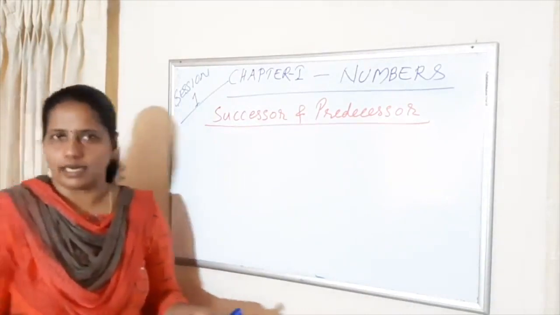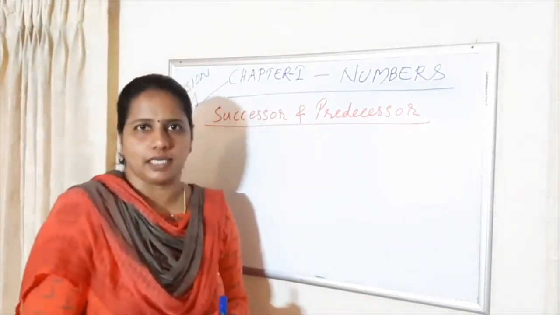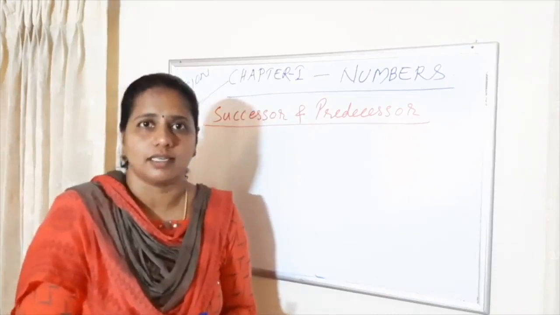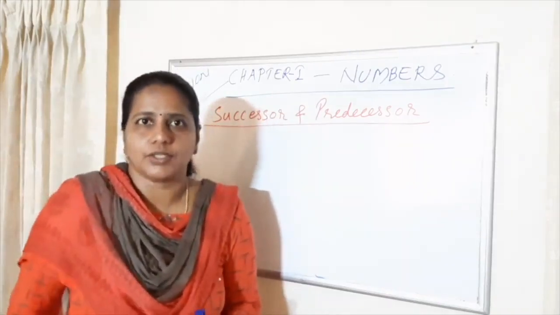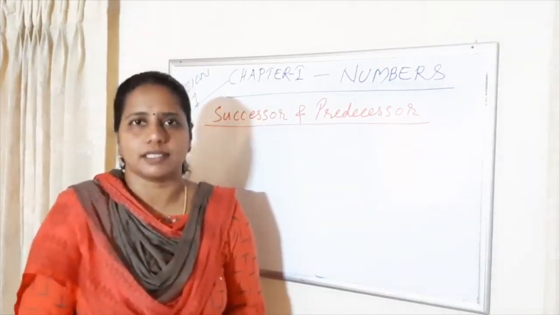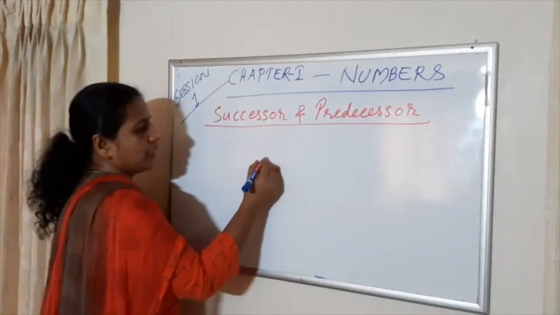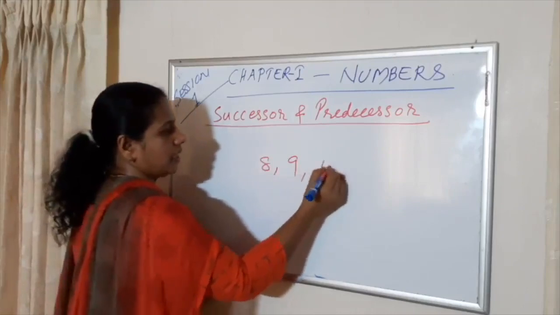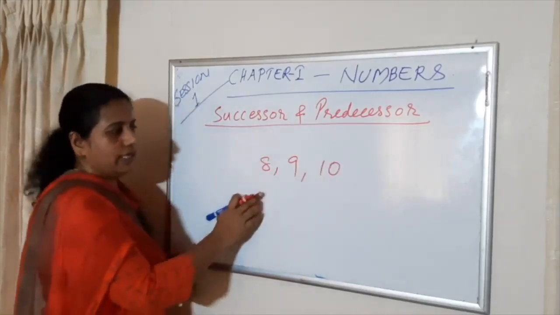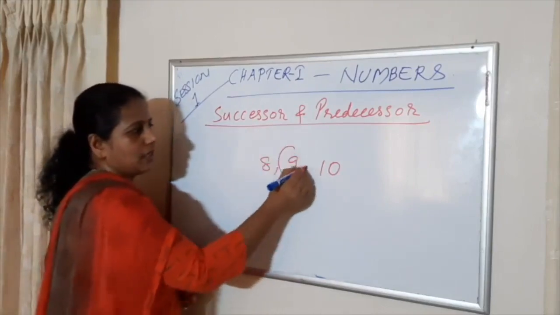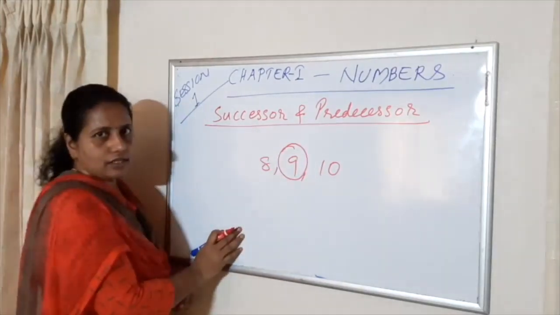Next one is successor and predecessor of a number. When you are in a line, the person in front of you is the successor and the person behind you is the predecessor. Similarly, in the number system also, 8, 9, 10. If 8, 9 and 10 are the numbers, which one is the successor?